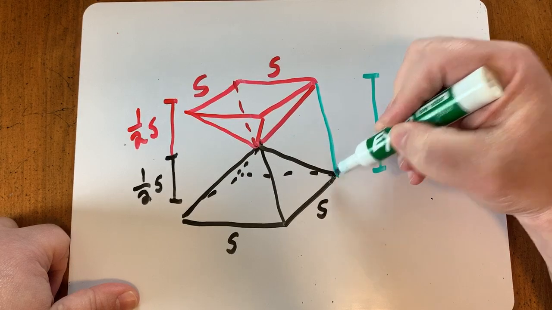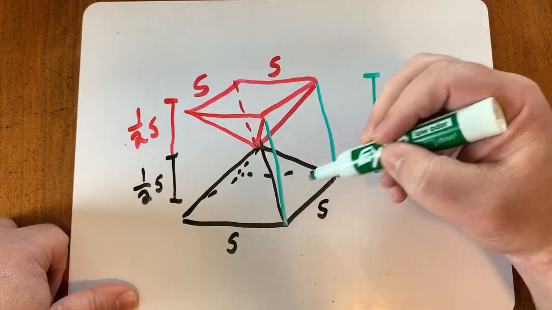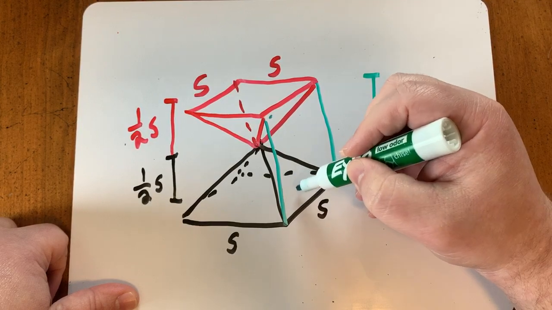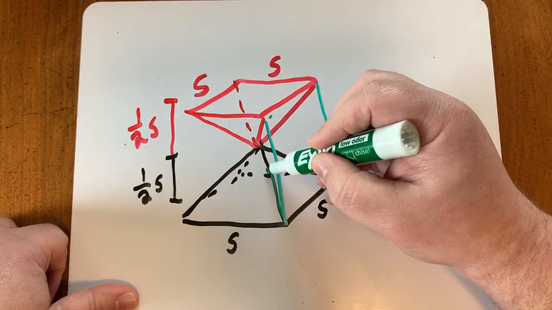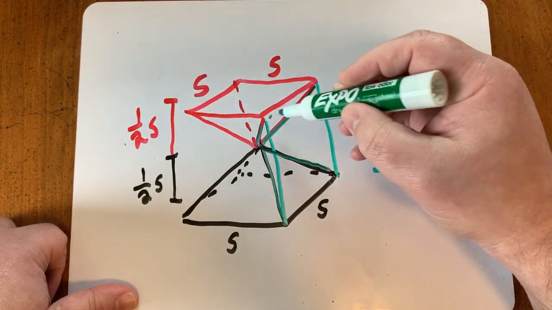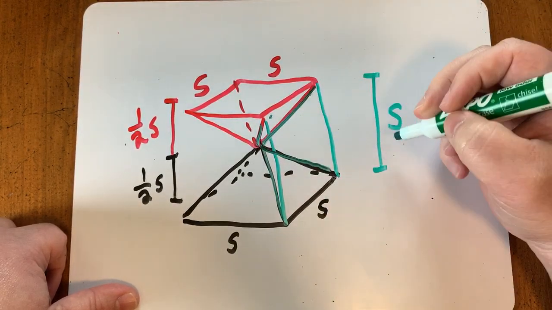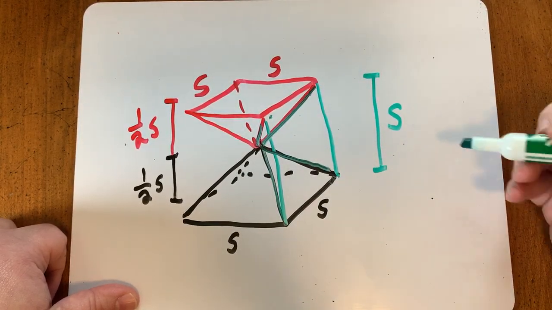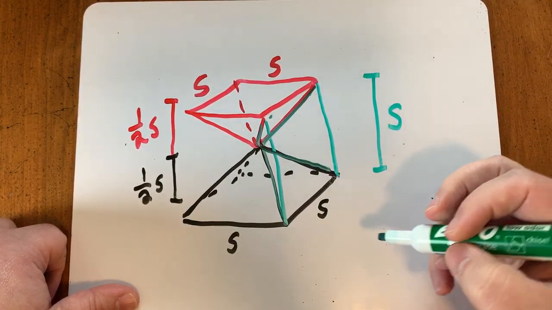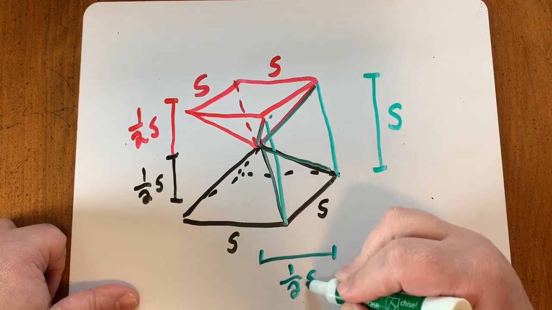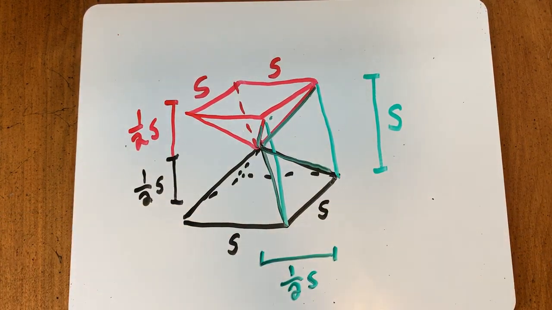So if I connected these two, we have that square, and then by tracing over these, I've just made another of those pyramids nestled into this right side. And that's 1/2 S. And I could do the same thing on the other side.